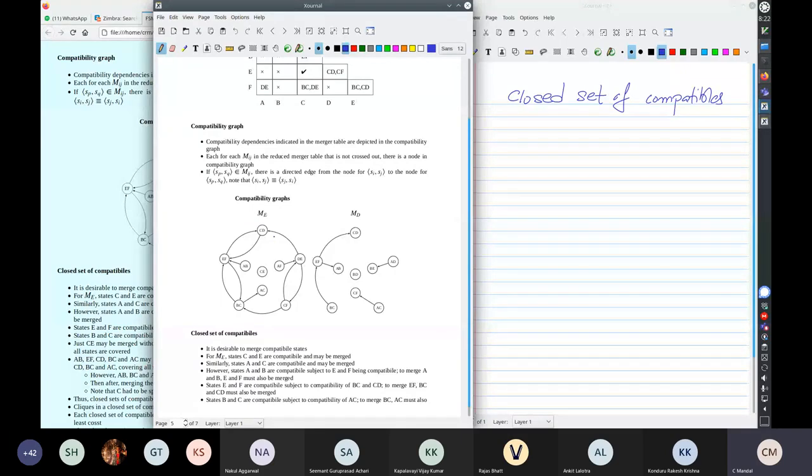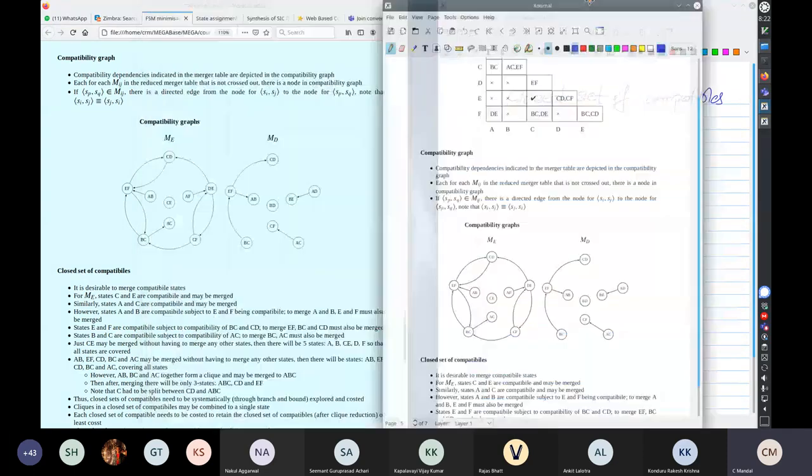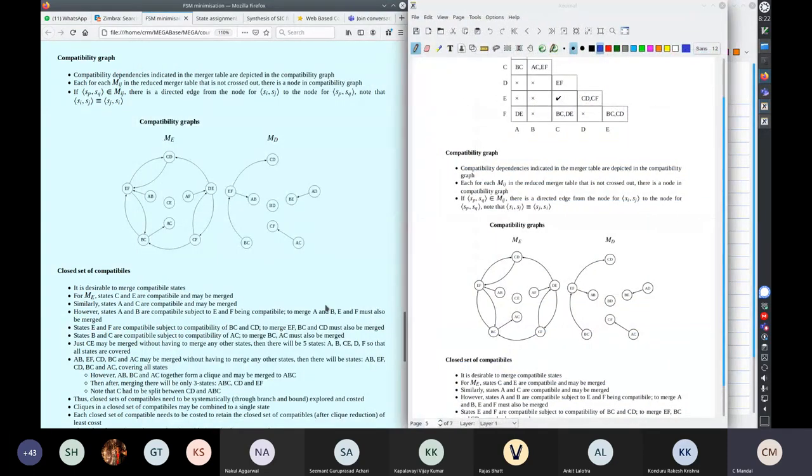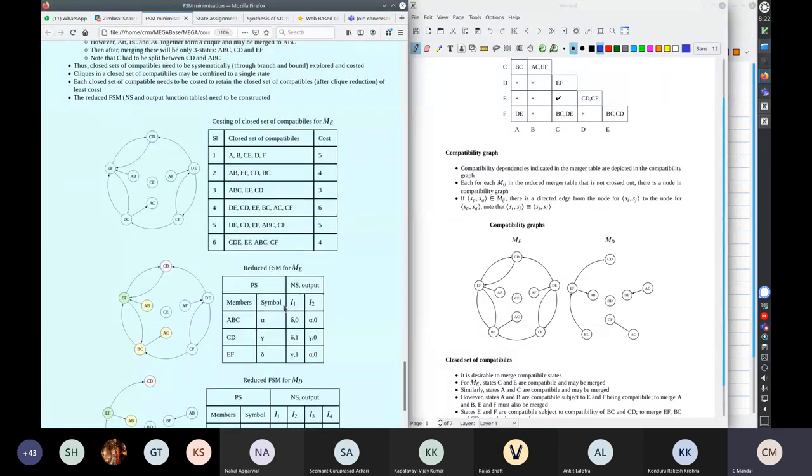Now, what you have done is over here. So maybe we can refer to this also. So here we have found a number of closed sets of compatibles.